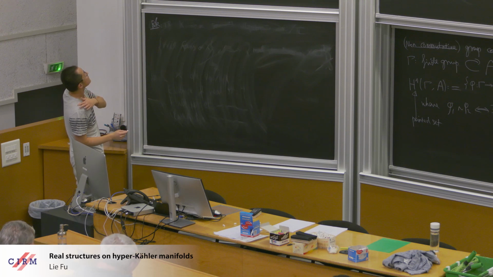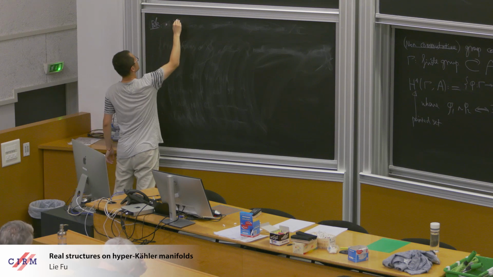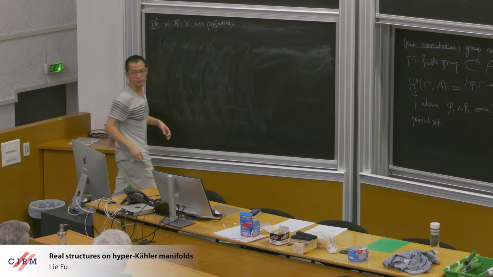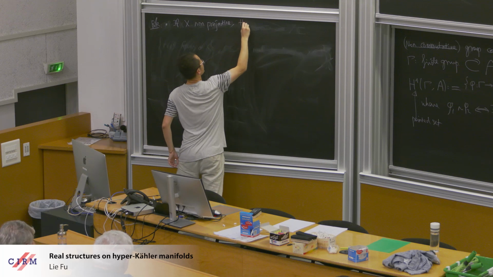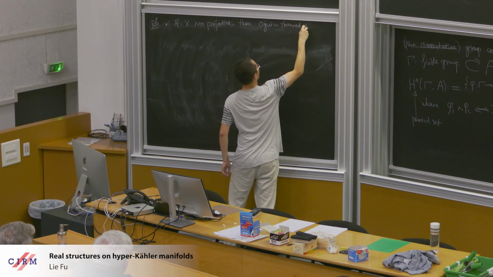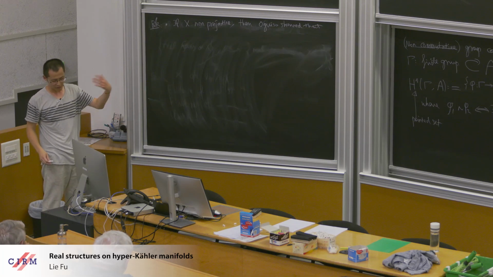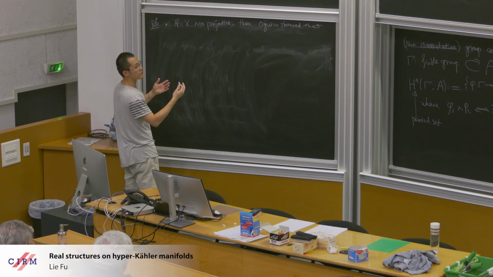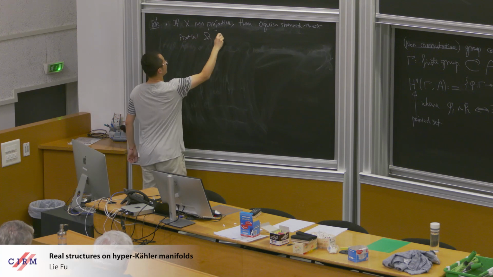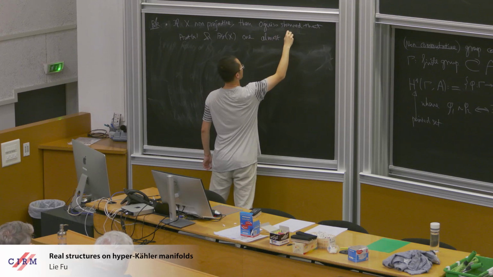The first remark is that for non-projective ones, they are not difficult. If X is non-projective, so outside of the algebraic world, then we have the theorem that Oguiso showed, that the automorphism group of X and the birational automorphism group of X are almost abelian of finite rank.